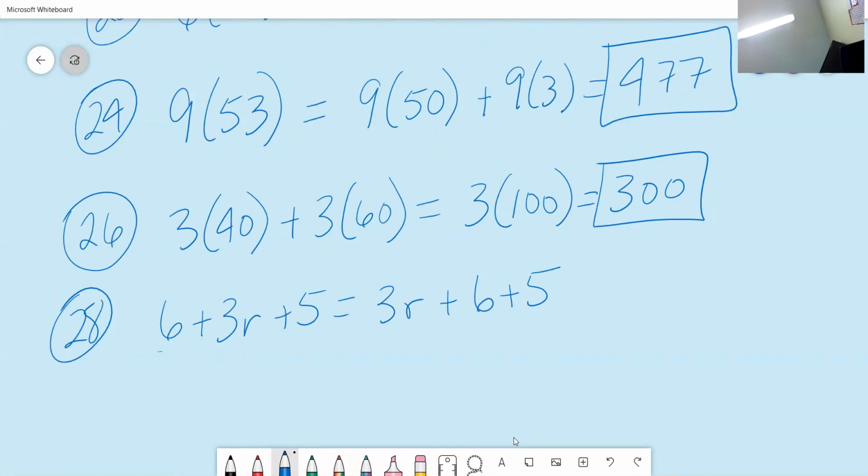So we've taken our constants and we've put them together, which helps us simplify this into like terms. So what we've done here, because we haven't changed the order of operation, is we've used the commutative property of addition.